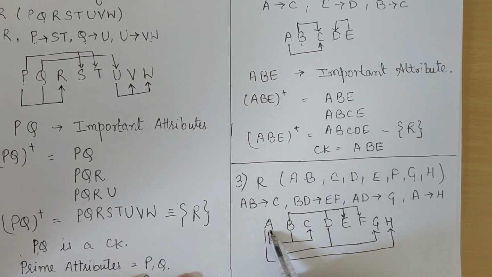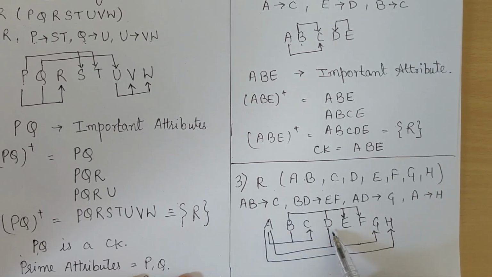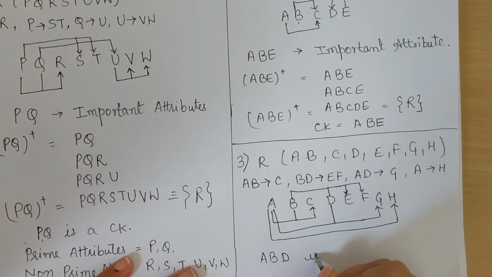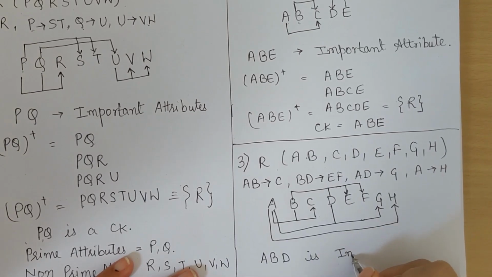A is not having any incoming direction, B is not having any incoming direction, and D is not having any incoming direction. That means ABD is the important attribute.